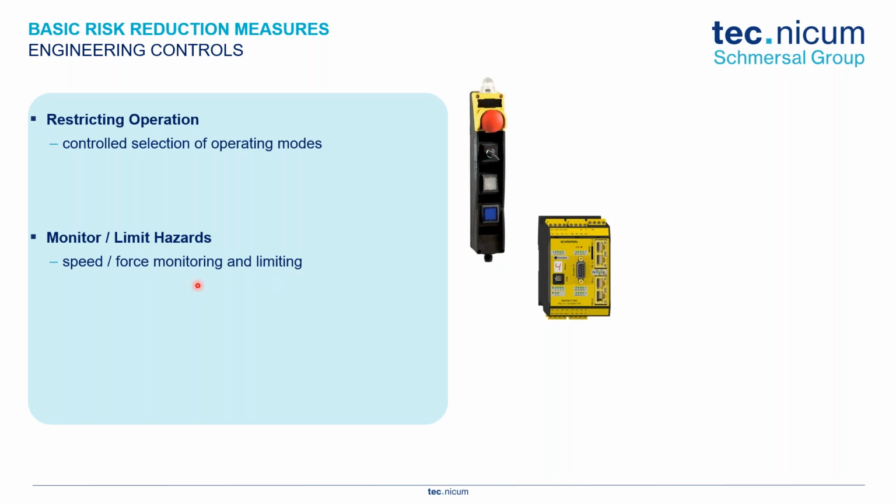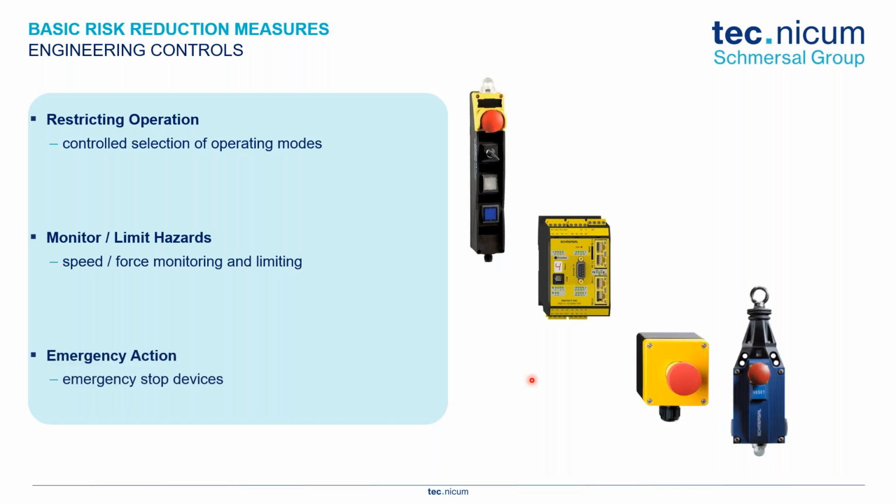Because if we have a speed that's being reduced, we want to make sure that if for any reason that speed goes beyond the intended speed for this task, that we have a safe shutdown. So we want to make sure that these speeds are being monitored safely, that these forces are being monitored safely, right? And that can be done with safety monitoring devices.